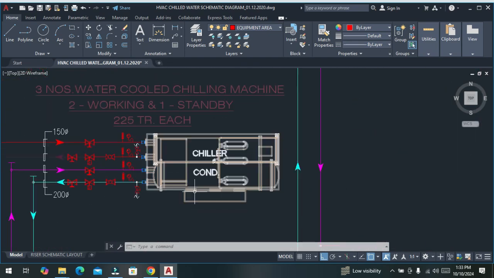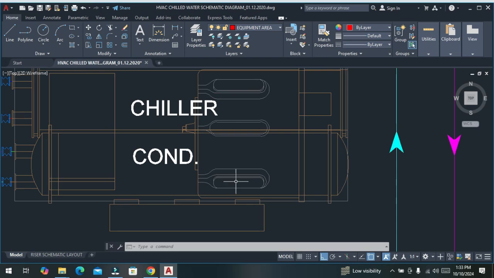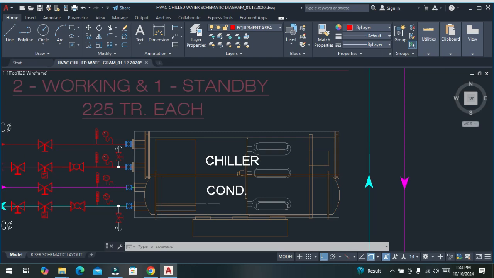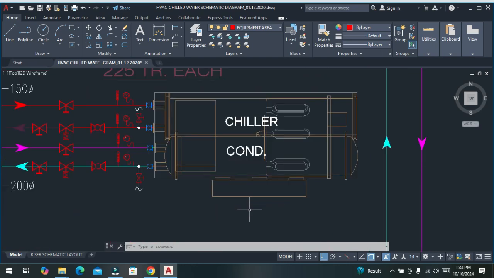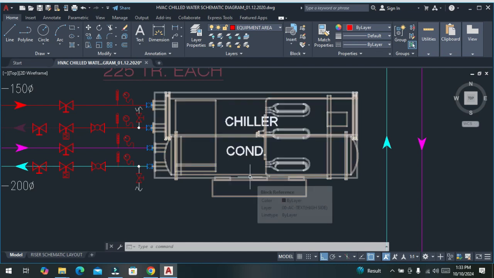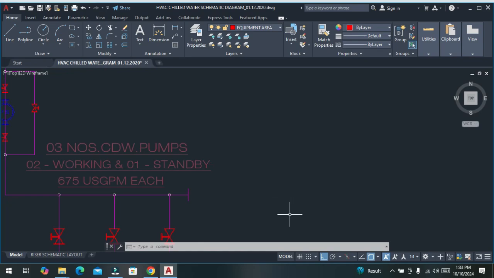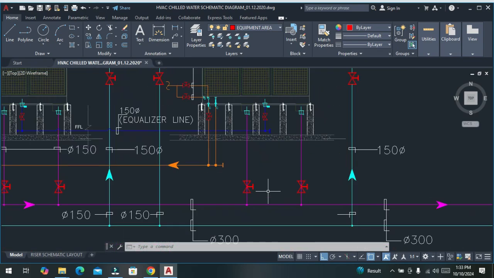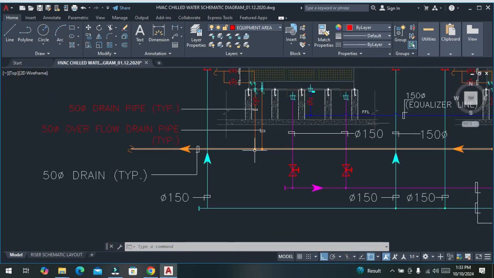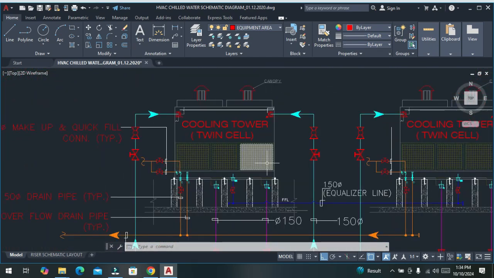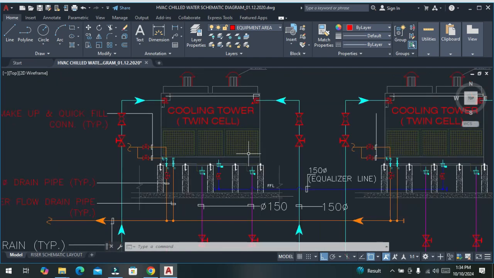That's why we have to maintain the cooling tower water quality, because we have to maintain the condenser approach temperature at least below 2, not more than 4 degrees Celsius. Here we can install an auto dosing system, which can prevent any contamination.